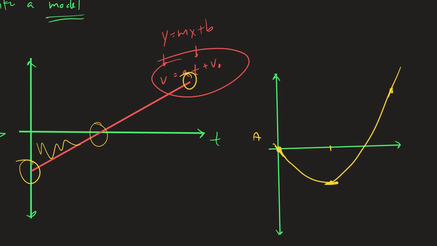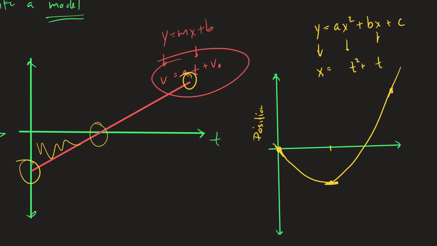Right? Do we have a function that describes this? Well, sure. y equals ax squared plus bx plus c. But for us, we're plotting position on the y-axis, right? And on the x-axis is time.